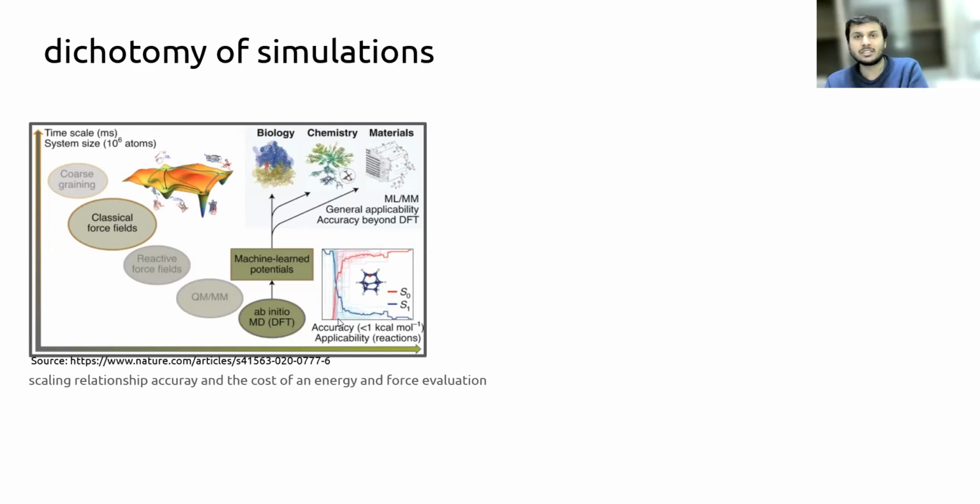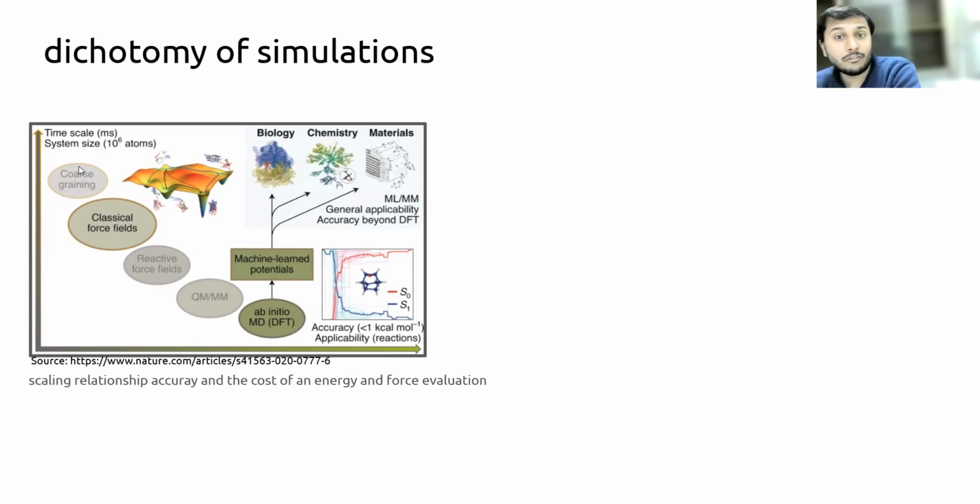All this plot is trying to show you is that there is an inverse relationship between the efficiency and accuracy of most of the models that we have, where the cheapest models, which can treat very large system sizes, are these coarse-grained models, which can even represent interaction between proteins, for instance. But they don't really possess the accuracy of this so-called 1 kilocalorie per mole, which can be experimentally measured.